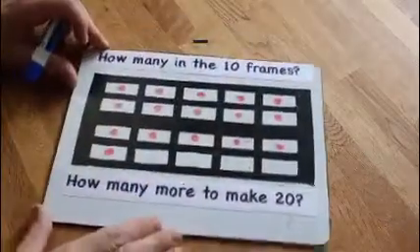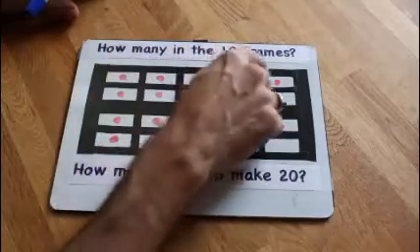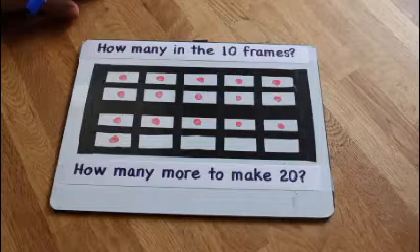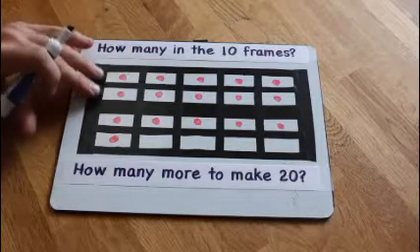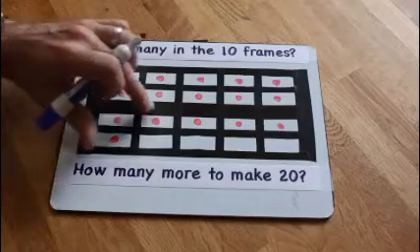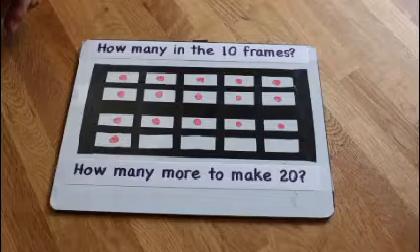Okay, here we go. How many in the 10 frames? Our top 10 frame is full, so we know that's 10. Then we can count on 11, 12, 13, 14, 15, 16. Okay?